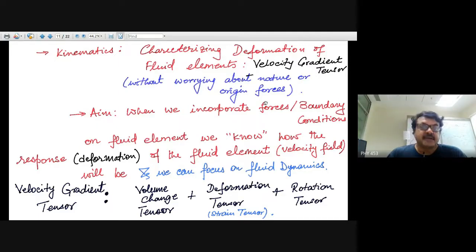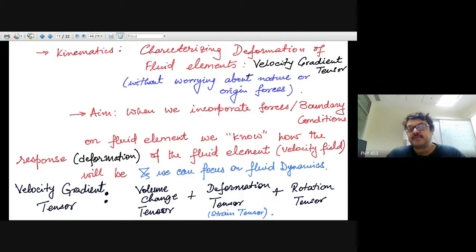The aim of having this discussion is, at a later stage next week, when we incorporate the forces, external forces and boundary conditions, and there could be internal viscous forces as well and pressure gradients as well. So when we incorporate all of that on the fluid element, we know how to understand or characterize the response of the fluid to the flow, or how the individual fluid elements will deform themselves as a function of x, y, and z. So that part will be clear.